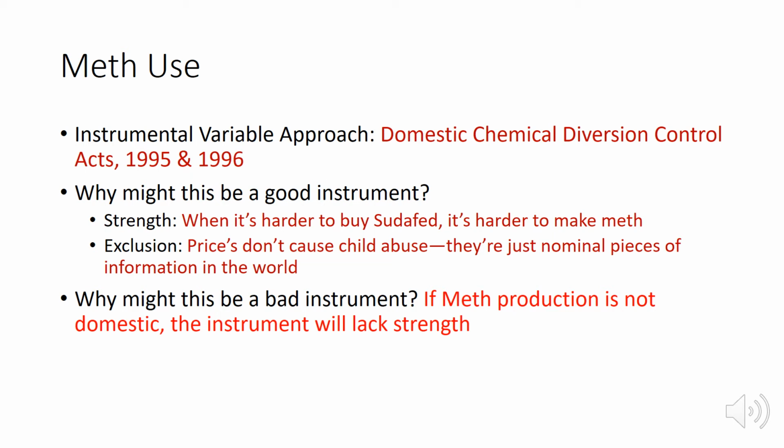Maybe prices can cause increased cases of child abuse if there's some sort of frustration with the price of meth that leads you to take it out on your kids. Maybe this is not a good instrument. But we have reason to believe that this might be a good instrument. Seems like making it harder to buy Sudafed drove the price of meth up. We have data on that. And we have theory behind why prices might not be related to cases of foster care admission, child abuse, and neglect.